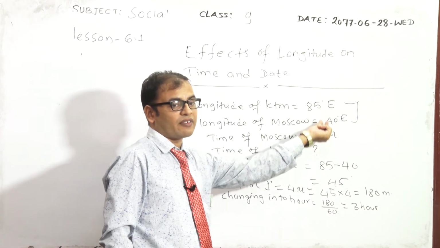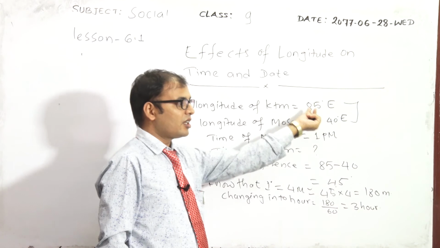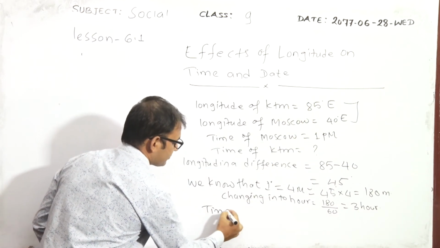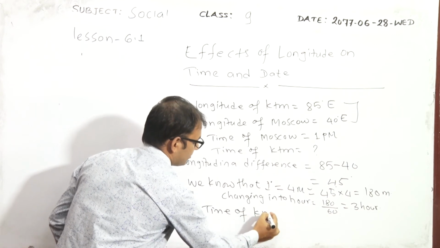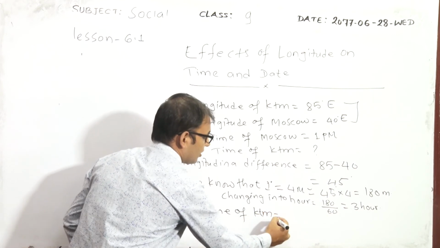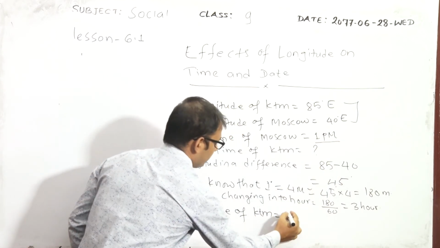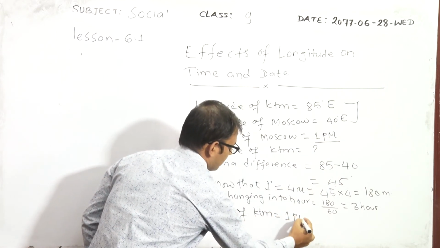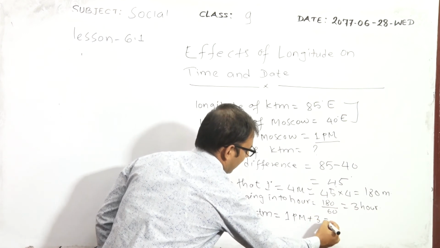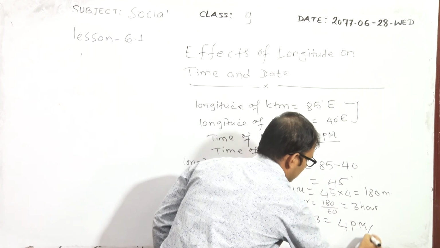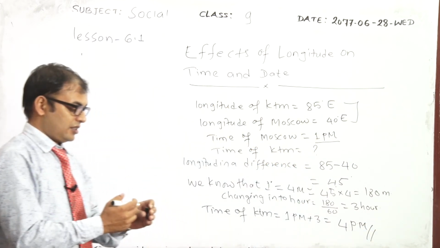So, the time of Kathmandu is ahead of Moscow. So, what is the time in Moscow? It is 1 p.m. plus 3 hours is 4 p.m.